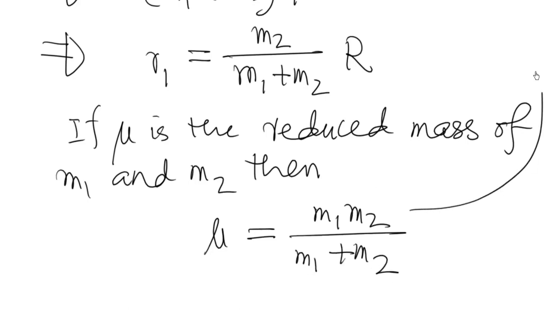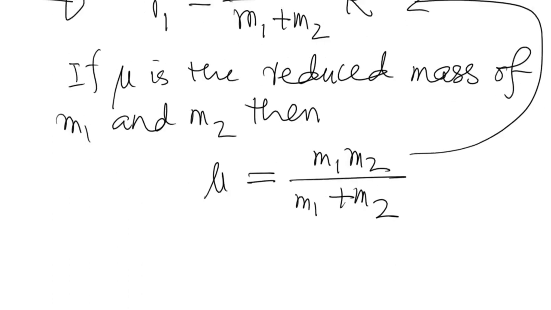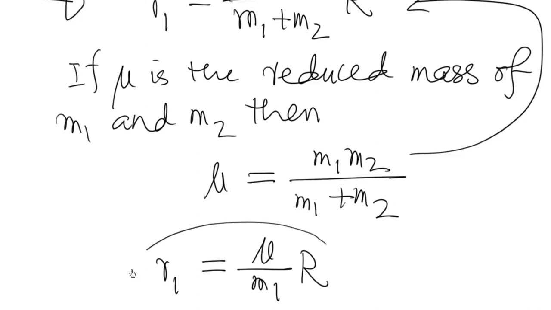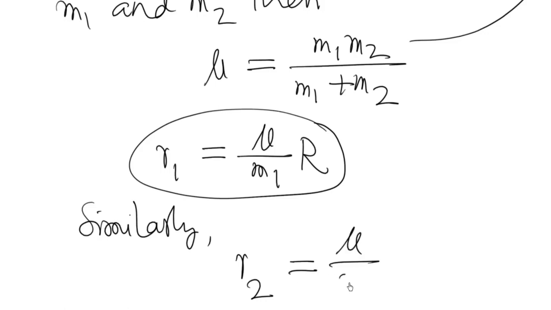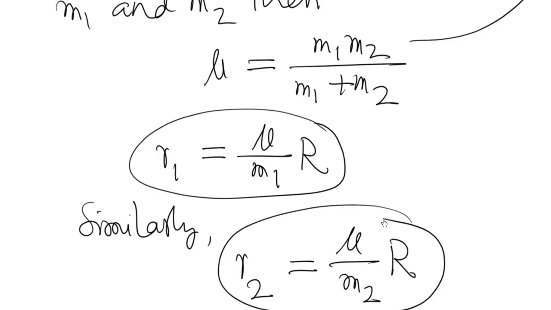If we substitute this here, then we get R1 equal to mu by M1 times capital R. Similarly, we can show that R2 is mu by M2 times capital R. This is the reduced mass.